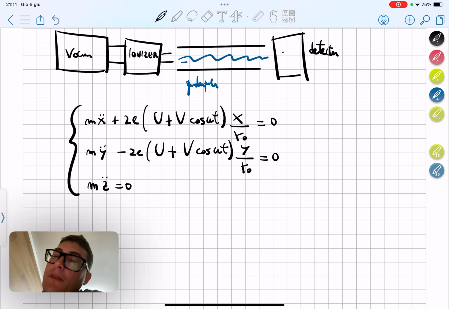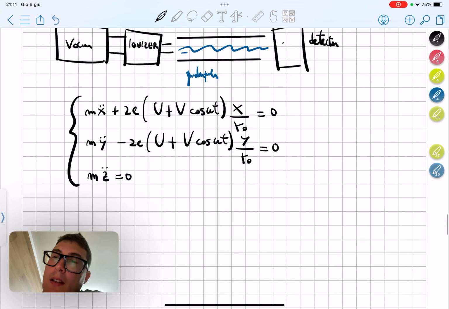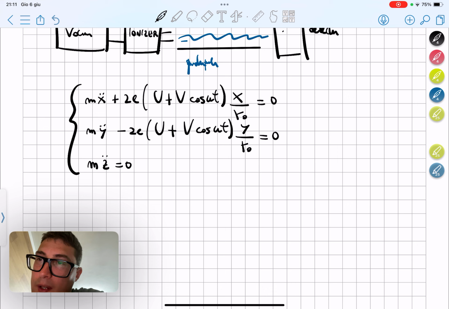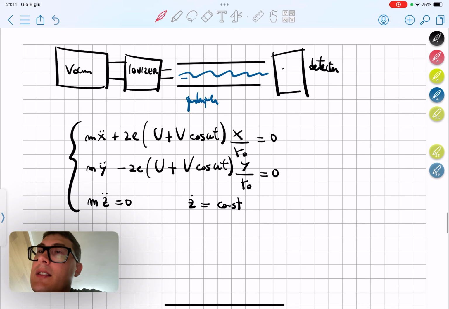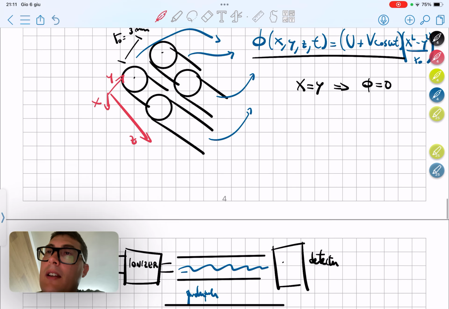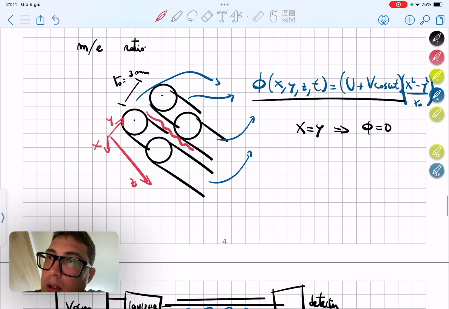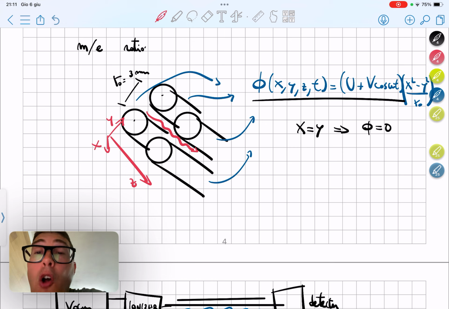We can see immediately from the z one that if we integrate it, we have z dot equal to a constant. So the ions, as they are crossing this cylinder, will have constant speed in the z direction. Okay, so in this direction, the speed of the ion will be constant.